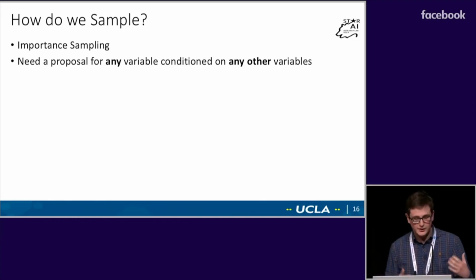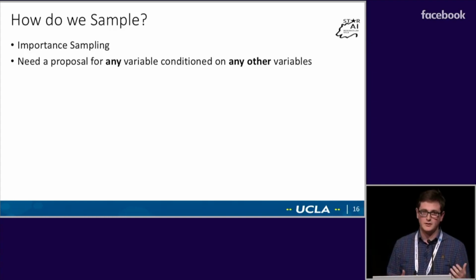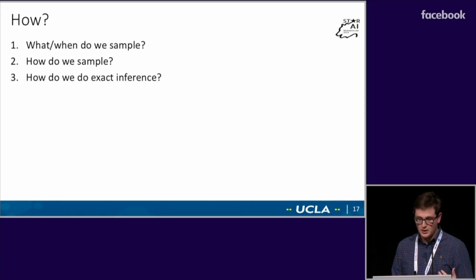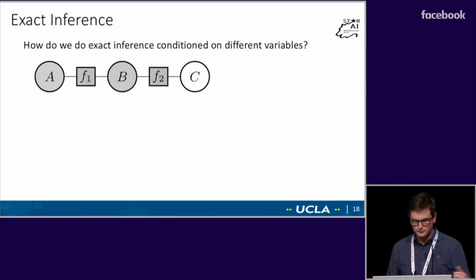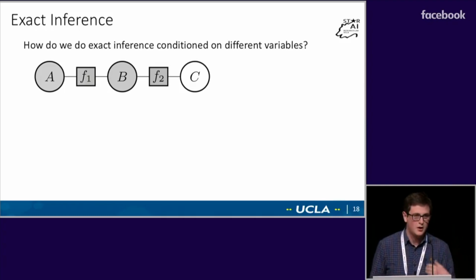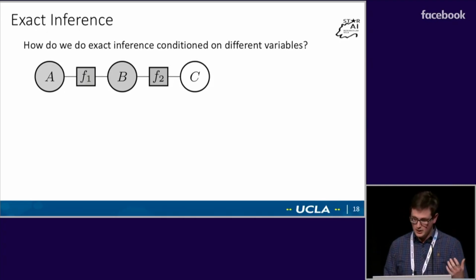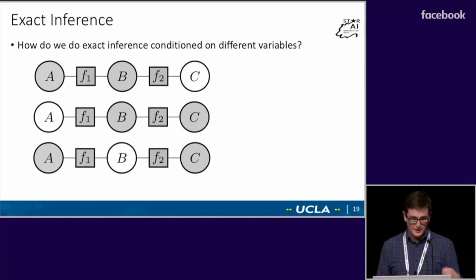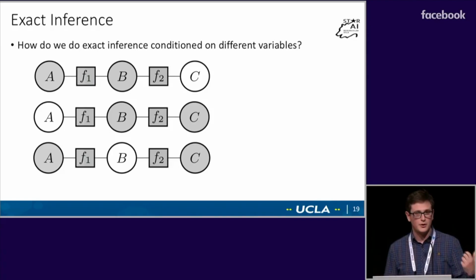But here, the problem is even harder because we need to have a proposal for any variable conditioned on any other variables because we don't know what order this is going to happen in. And finally, we need to be able to do exact inference, right? Before we saw that you need to be able to do exact inference on C conditioned on A and B. But now this is taken a step further because we need to be able to do basically any combination. We don't know what we're going to wind up with at the end.